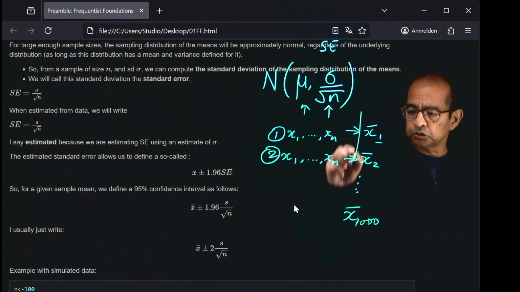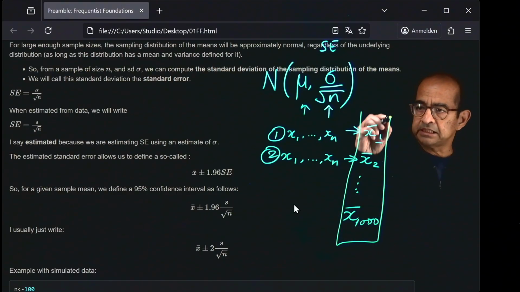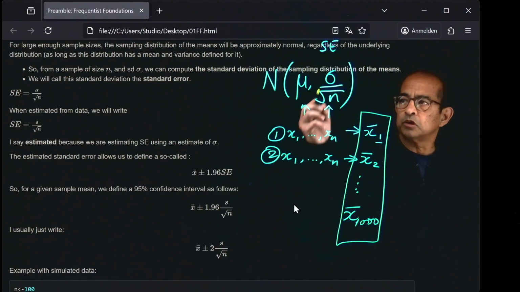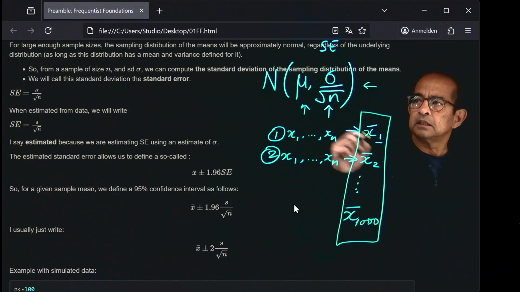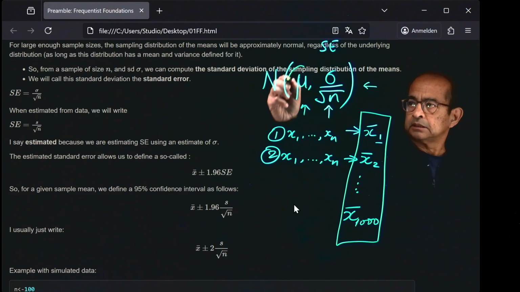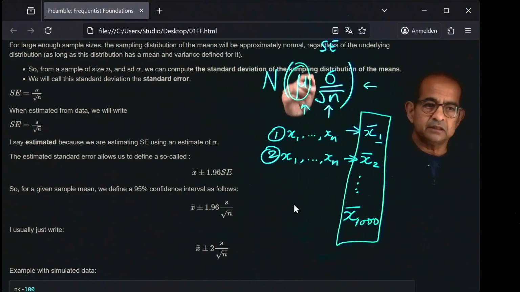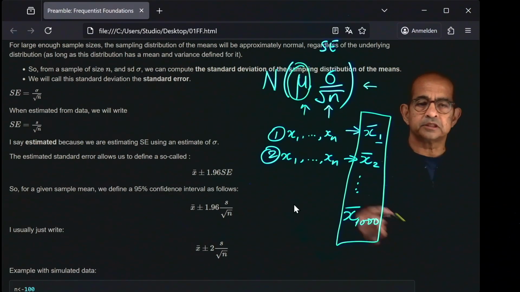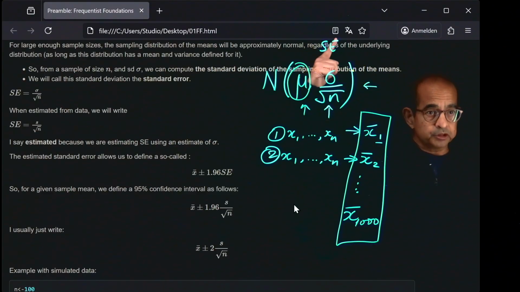The distribution of these means is going to be normal, and the underlying mean for that normal distribution would be the mean that produced the data.